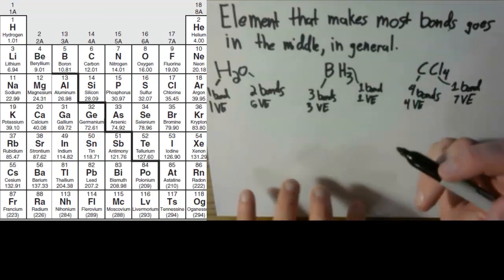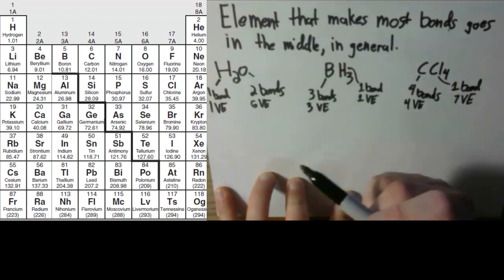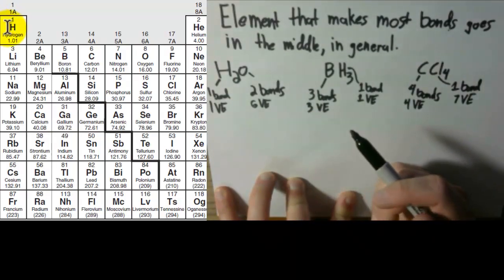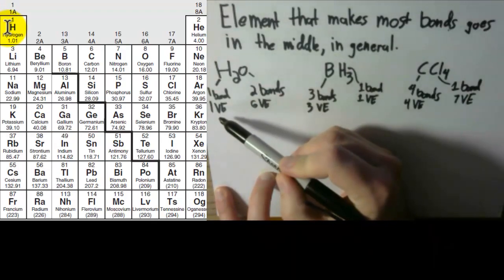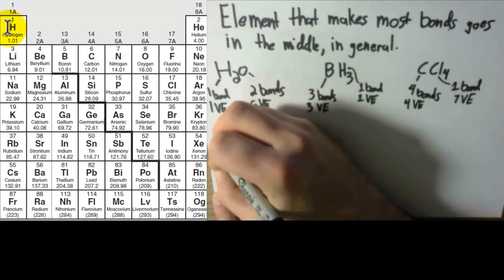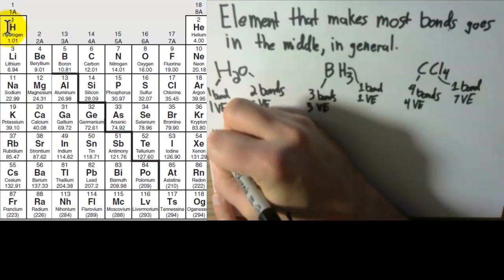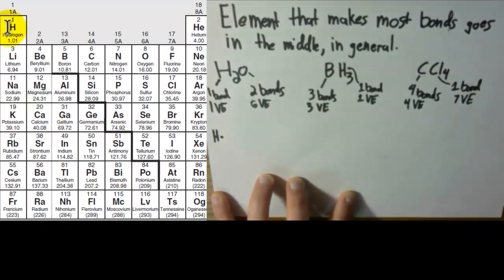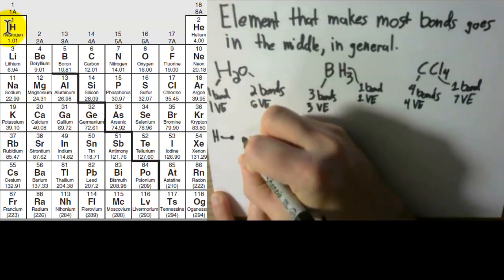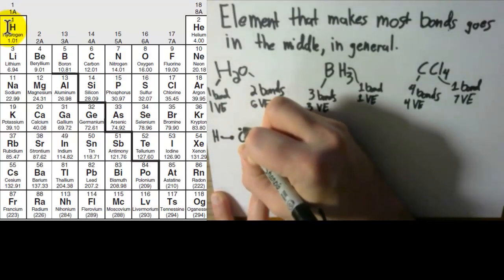So, for the first example, we've got water, which is H2O. Hydrogen, element number 1, is in group 1, so it has 1 valence electron, and that 1 valence electron is going to allow it to connect 1 time to something, and that's going to connect to one of the electrons on oxygen.